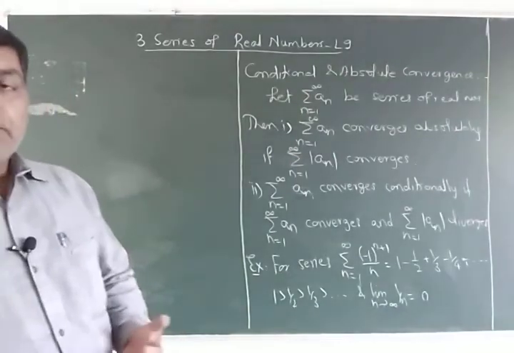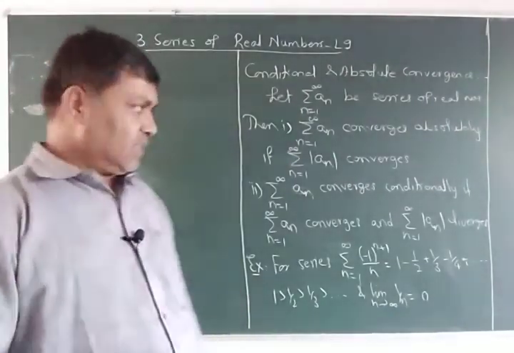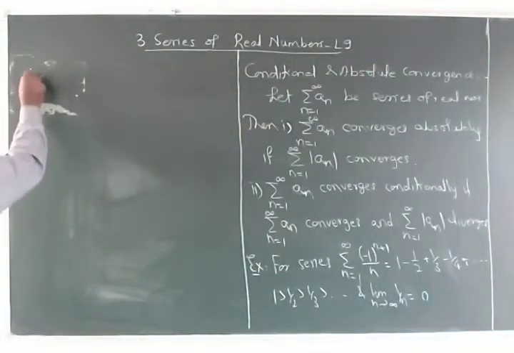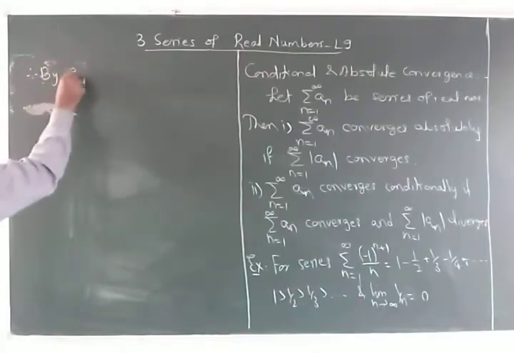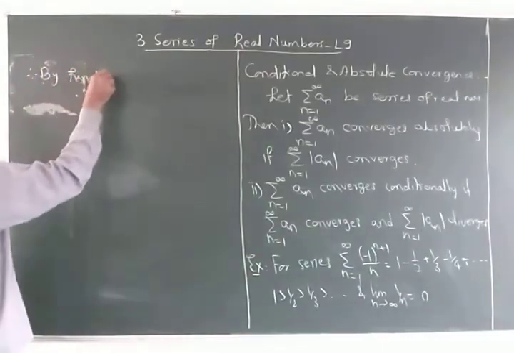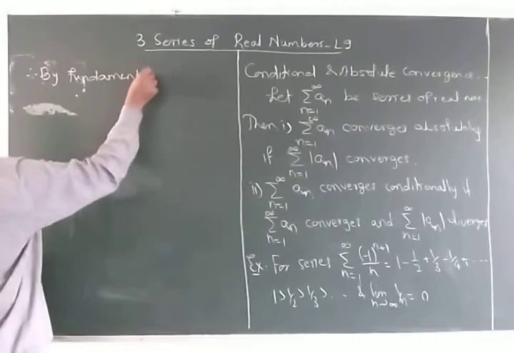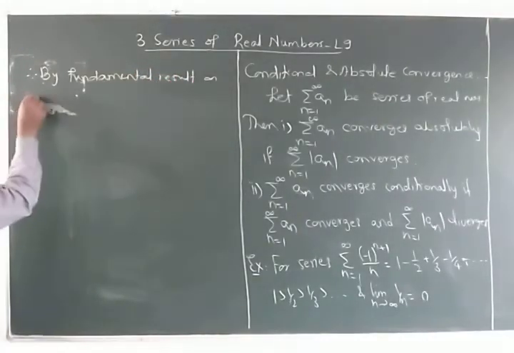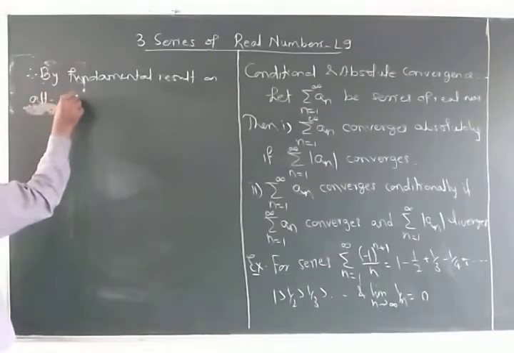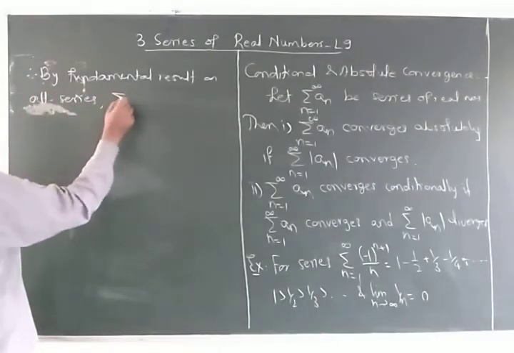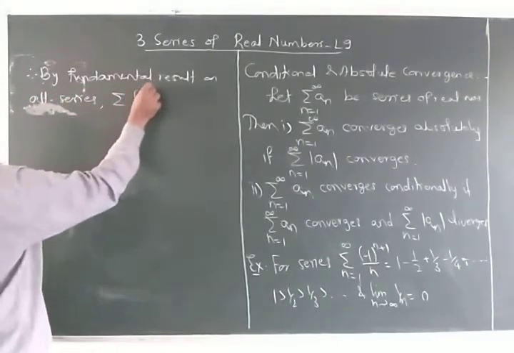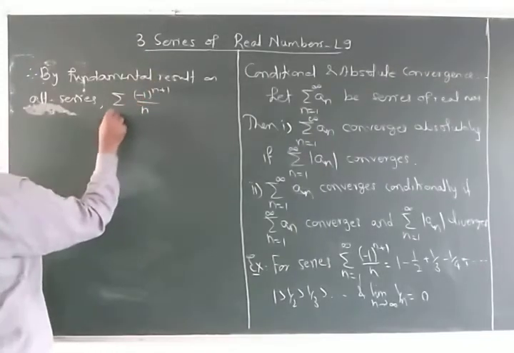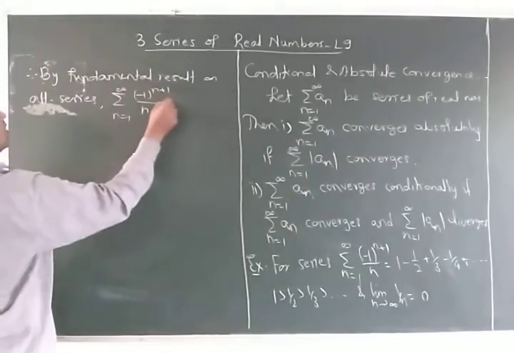Therefore, by the fundamental result on alternating series, summation of minus 1 raised to n plus 1 upon n, n equal to 1 to infinity, converges.